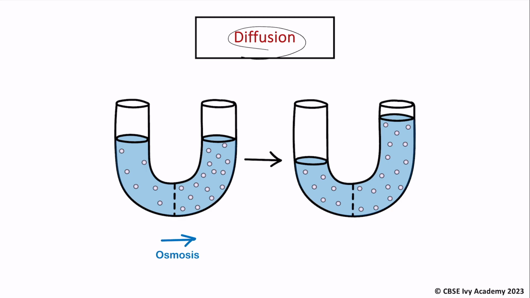So now here's the core principle of diffusion. Molecules move down their concentration gradient, from areas of high concentration of that molecule to areas of low concentration of that molecule.